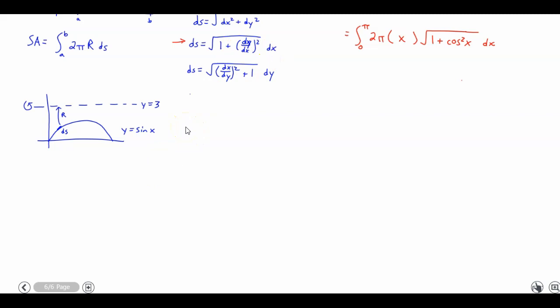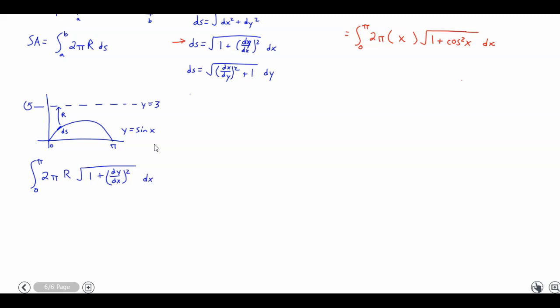So this is going to be integral, go 0 to pi again. So that's where we're going, 0 to pi. And we'll say 2 pi. I'll leave space for my r again. And let's just write it out. This 1 plus dy over dx quantity squared, and then the dx.